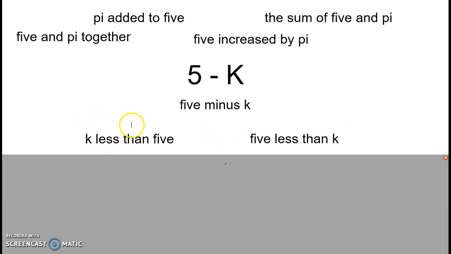So k less than 5 is going to be the correct way of writing this algebraic expression. But if we write it as 5 less than k, this is going to be incorrect. It's going to basically be k minus 5, which changes the answer. So that's where you really have to be careful.